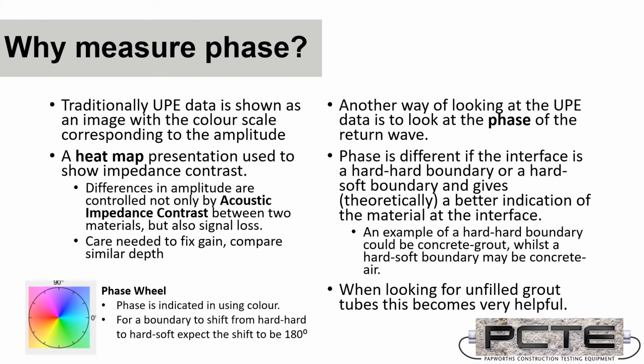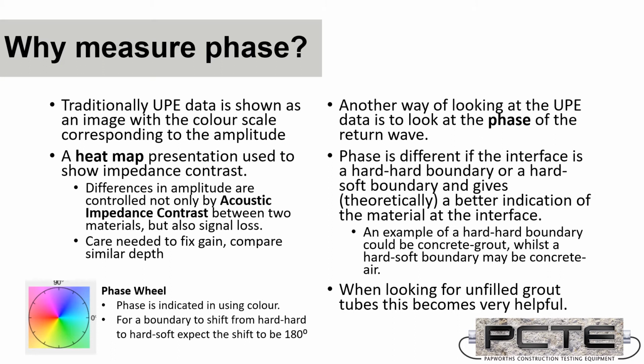And the reason that we evaluate phase rather than evaluating the signal strength, heat map presentation or amplitude presentation, is the settings become a little bit less critical. When you are comparing amplitude or signal strength, the gain and all the settings need to be kept fixed, whereas when you're evaluating phase, there's some scope to make adjustments to get the best visual presentation of the data and then compare the phase to evaluate a grouted to ungrouted region.